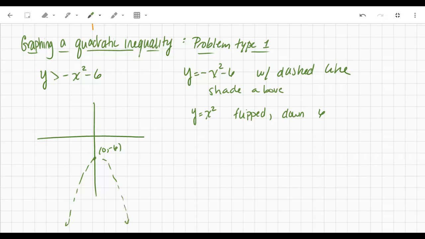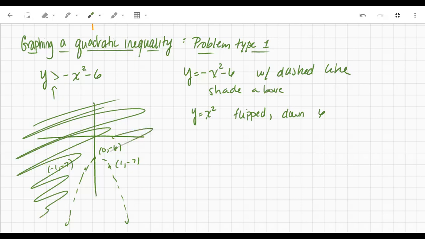Okay, and we could get more numbers in there. Like if I plug in 1, then I'll have y is negative 7. Negative 1 would be negative 7. Okay, you could keep moving your way out from there. Okay, and then again, since this is y is greater than, we're going to shade above. So above the parabola there. Okay, all right, our next one.